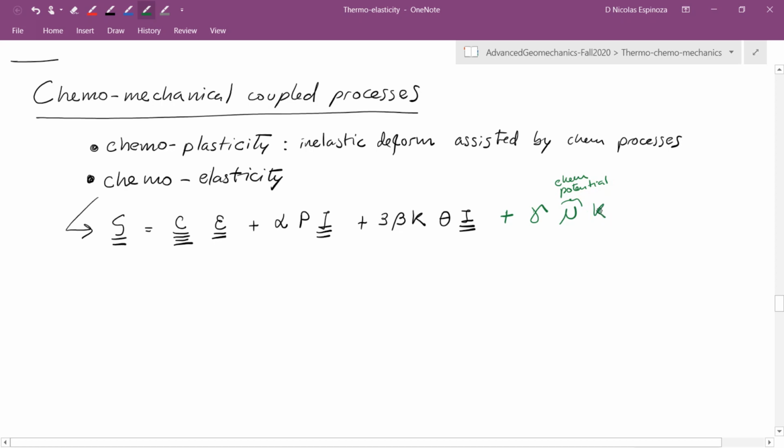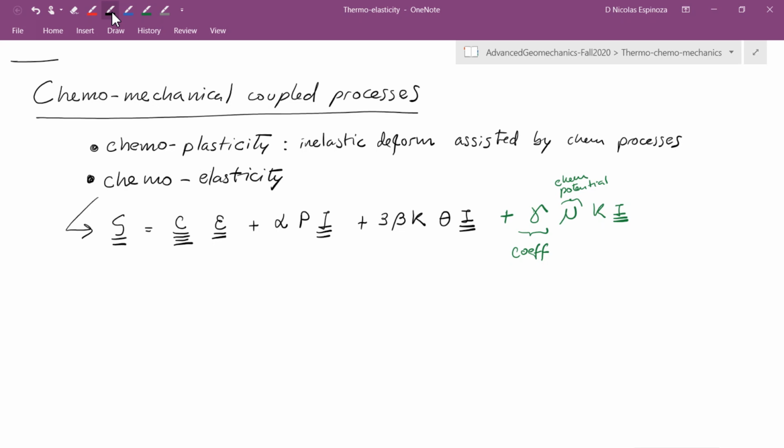So similar to the case before, as for thermoelasticity, we just have a bulk modulus here, and here we have an identity matrix. And this parameter gamma is just a coefficient, similar to the ones that we see over here, like beta and alpha. It's just one more parameter that characterizes this equation.